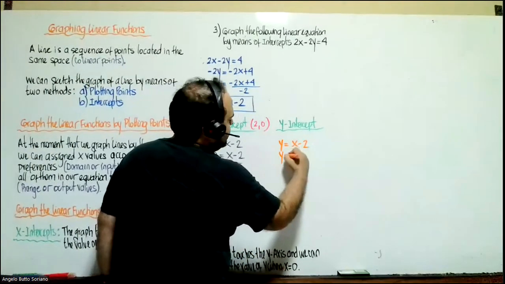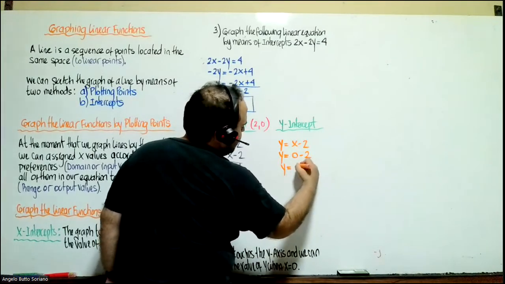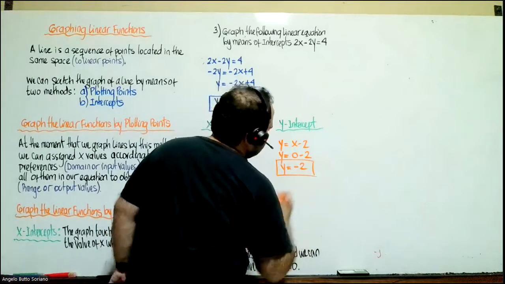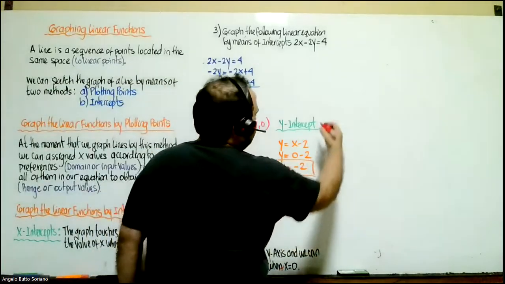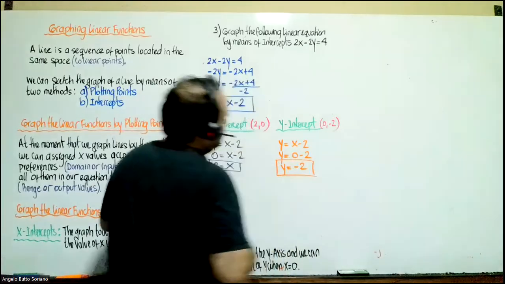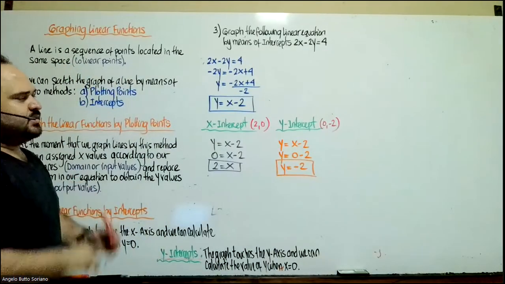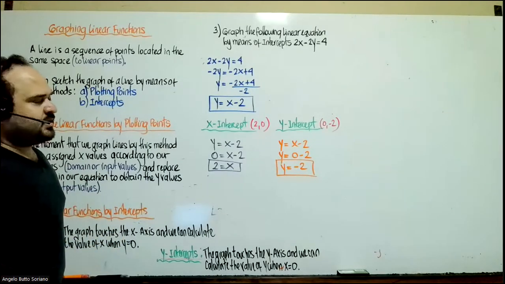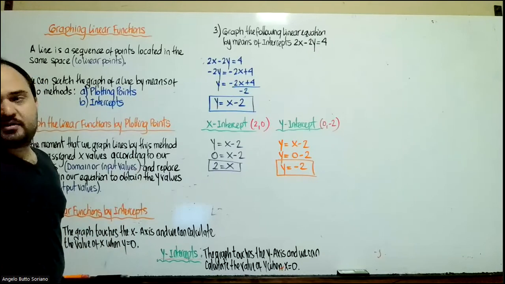So y equals 0 minus 2, so y equals negative 2. So this value will be given by 0 with negative 2. Okay. This is going to be the solution set from the x and y intercepts.